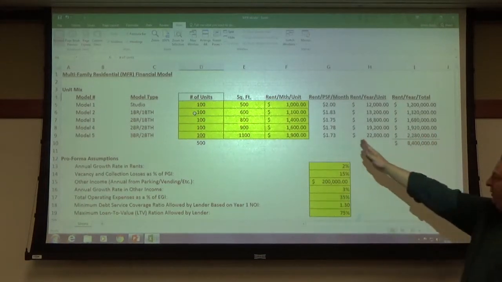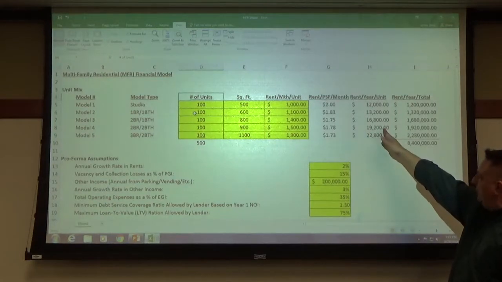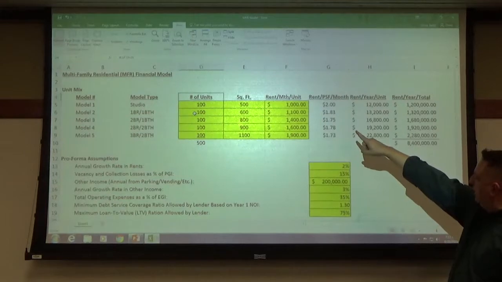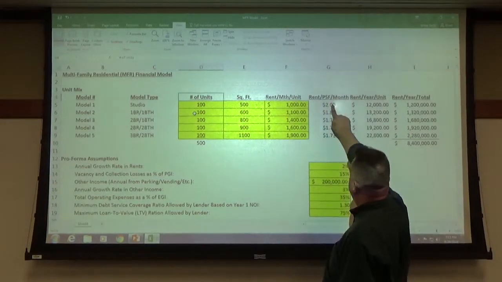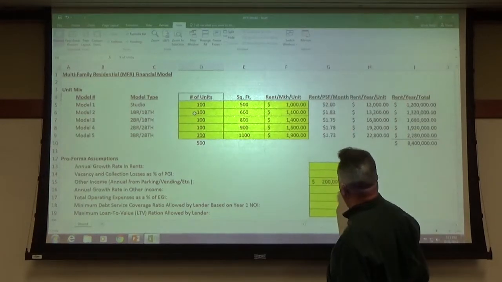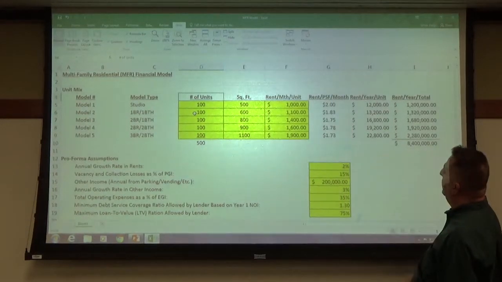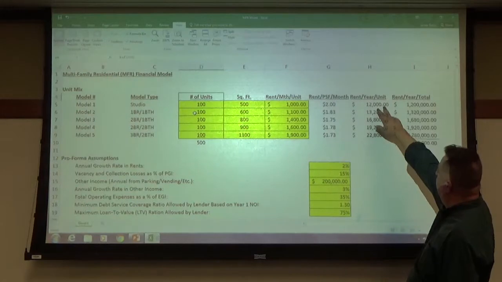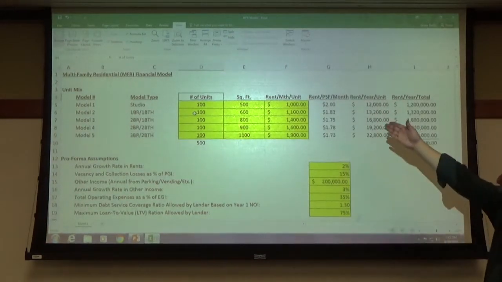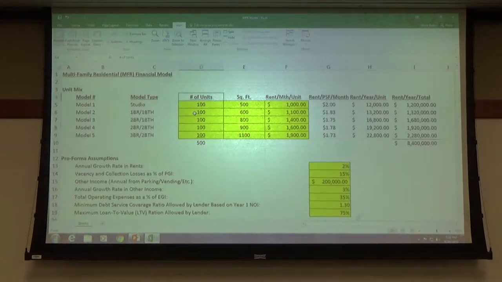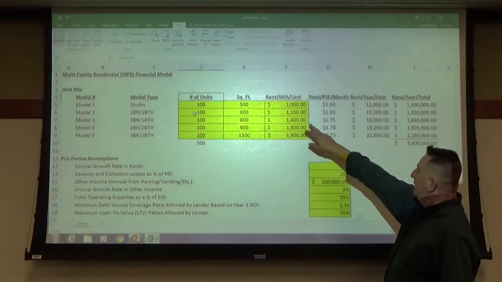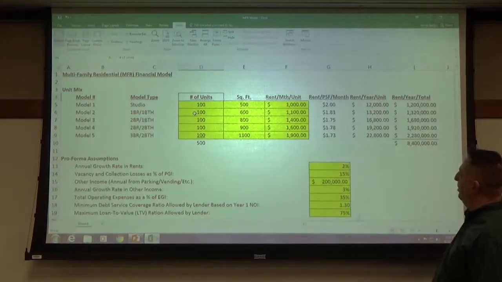Okay, so moving on from there, we simply calculate the rent per year per unit, and there you're simply taking, in this case, the 1,000 times 12, to get the 12,000. Does that make sense? So you're just taking whatever the rent per unit per month is, multiplying by 12, to get the rent per year per unit.